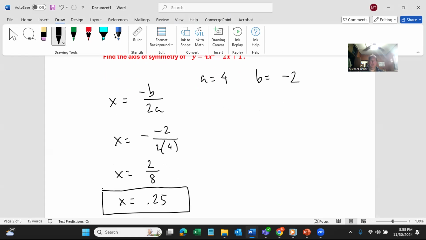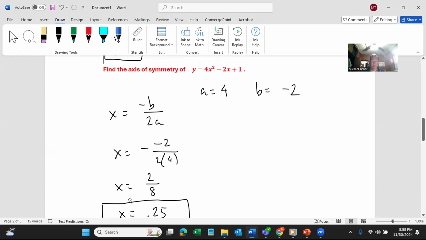And just like the first problem, let's go ahead and verify this. So let's graph the parabola y equals 4x squared minus 2x plus 1.